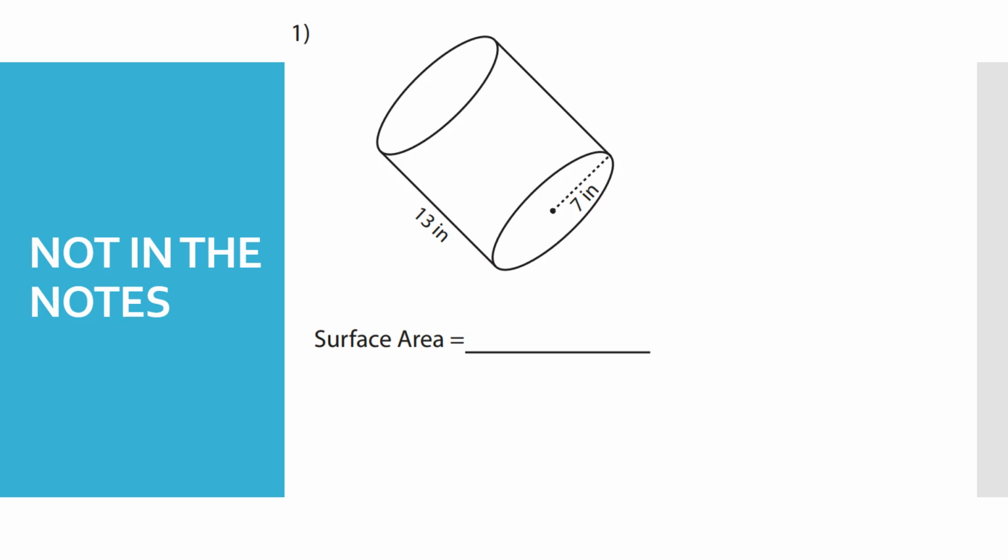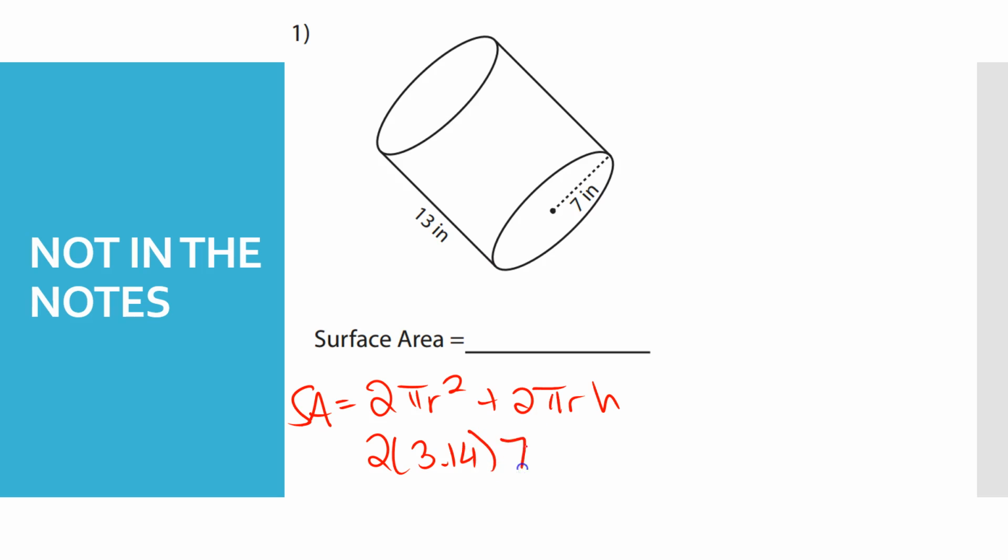Okay, you should be about done by now. So you should have 2 pi r squared plus 2 pi r h. So it's 2 times 3.14, 7 squared. We have 7 and 13.